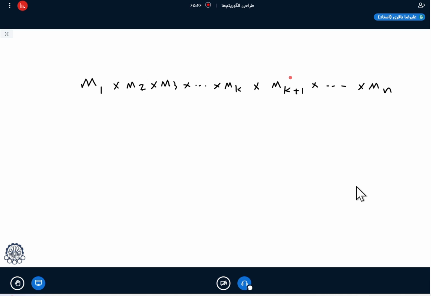So you have an order for multiplication. This order is your parenthesis. But the question here is what parenthesis is better? What order of multiplication? How do we multiply?